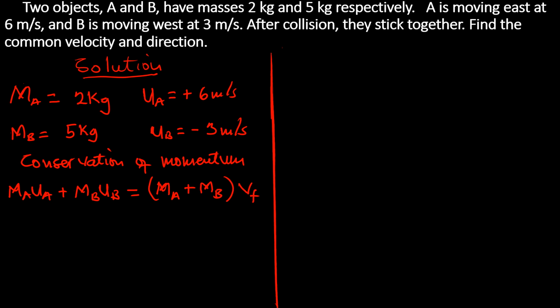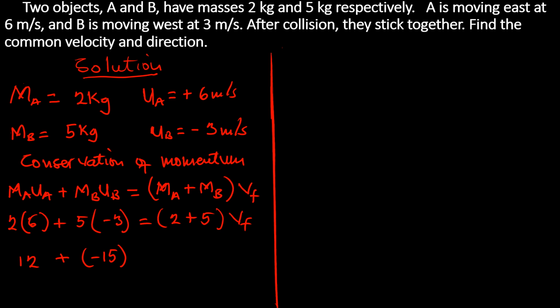Okay, mass of A was 2, so 2 multiplied by velocity of A, that was 6, plus mass of B was 5 multiplied by velocity of B, that's minus 3, because of its direction, equal to bracket open, mass of A 2 plus mass of B 5. 2 times 6 will give us 12 plus 5 times minus 3 will give us minus 15. 2 plus 5 will give us 7.